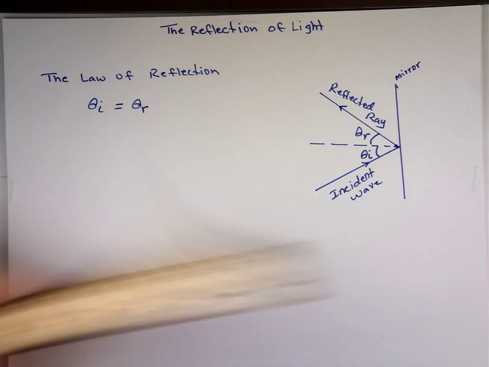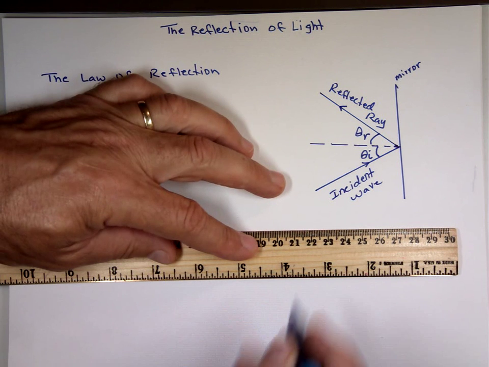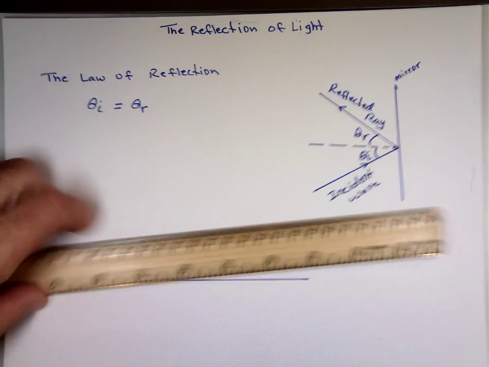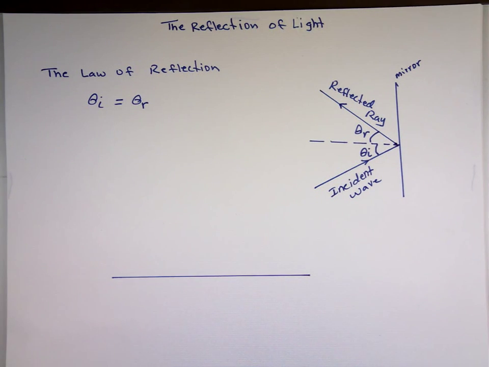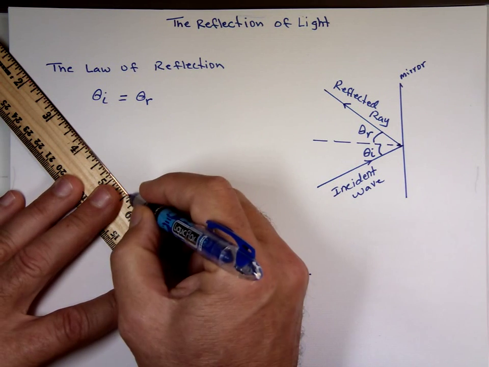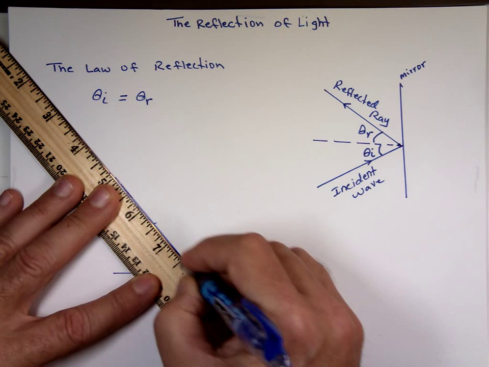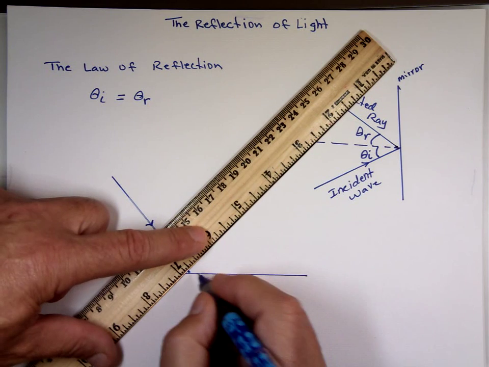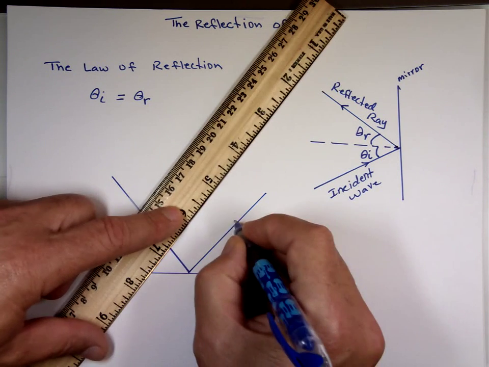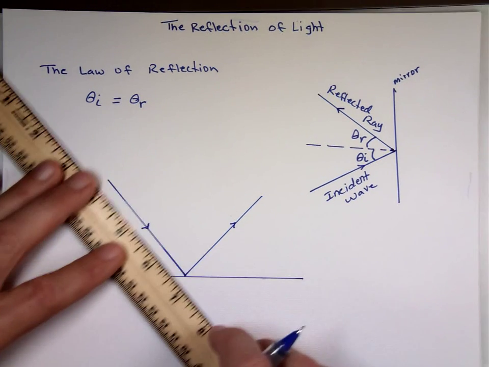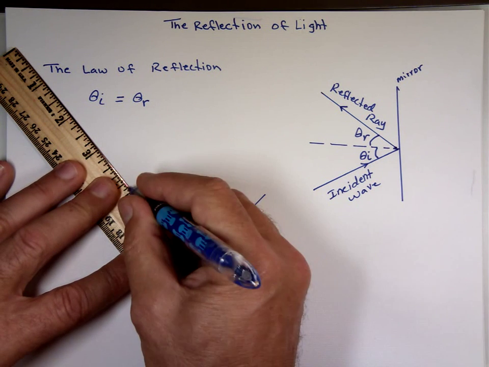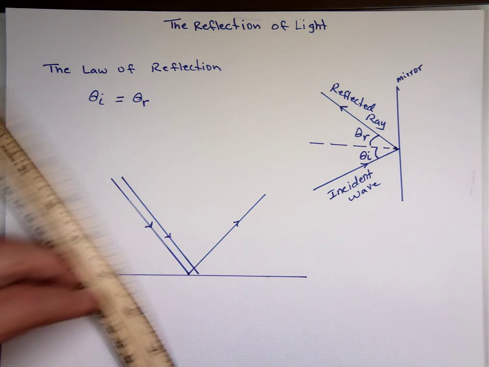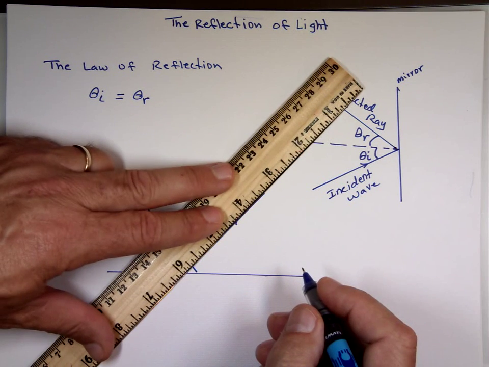So if you're looking at a pond there, and it's a beautiful sunny day, smooth, I said pond, not the ocean. The ocean has waves in it. And you've got these rays coming in. This ray will have a reflection that way. If you have another one, this ray will have a reflection that way.